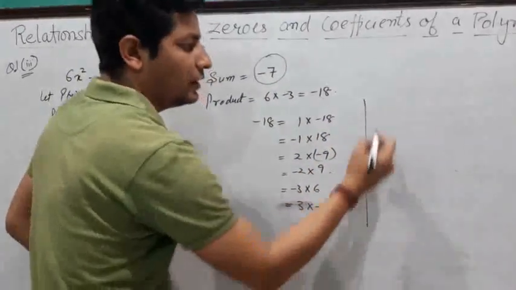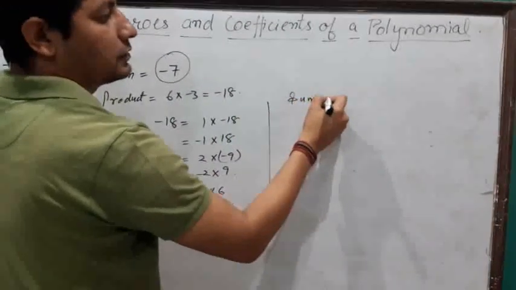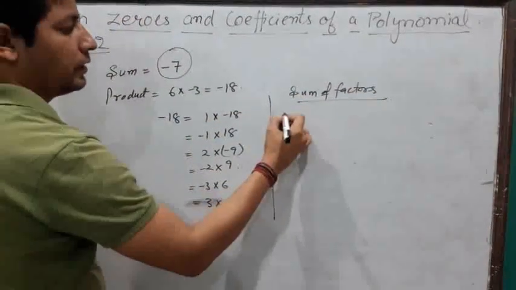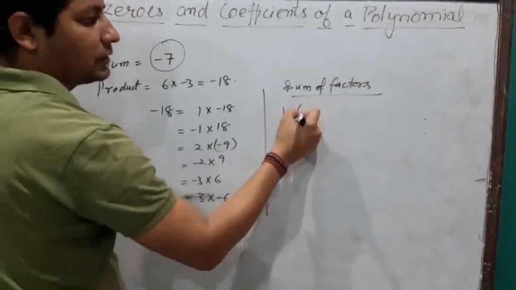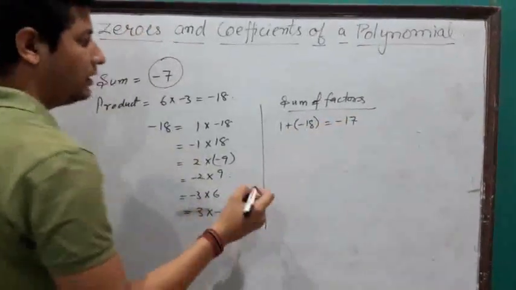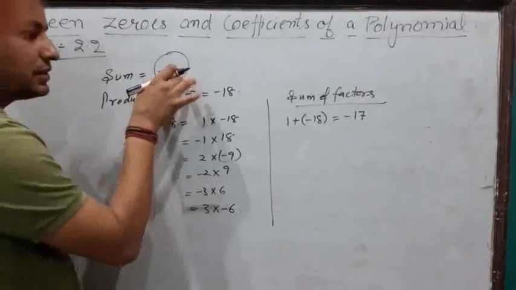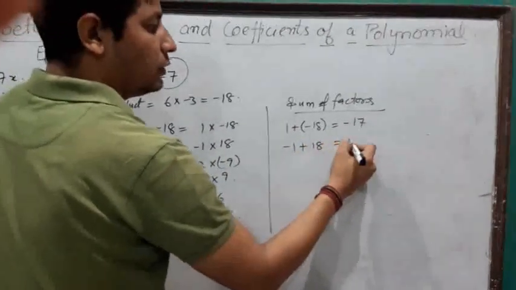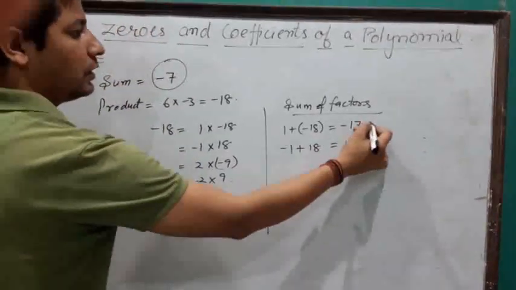So let's find the sum of factors. 1 plus minus 18 is equal to minus 17, but we require minus 7. Minus 1 plus 18 is equal to 17.